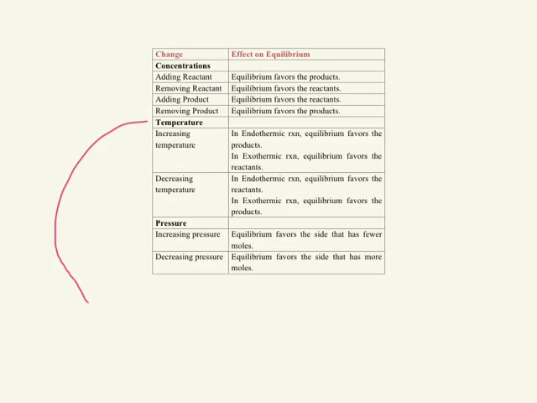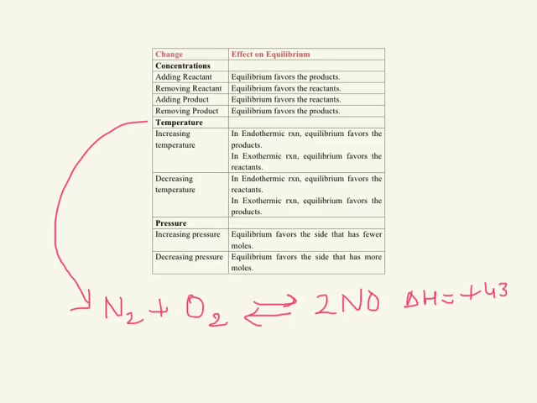Now I'm going to talk about the temperature effect. N2 plus O2 gives 2NO, and delta H for this reaction is plus 43 kilocalorie per mole. Now, what does delta H positive mean? Means the reaction is endothermic.